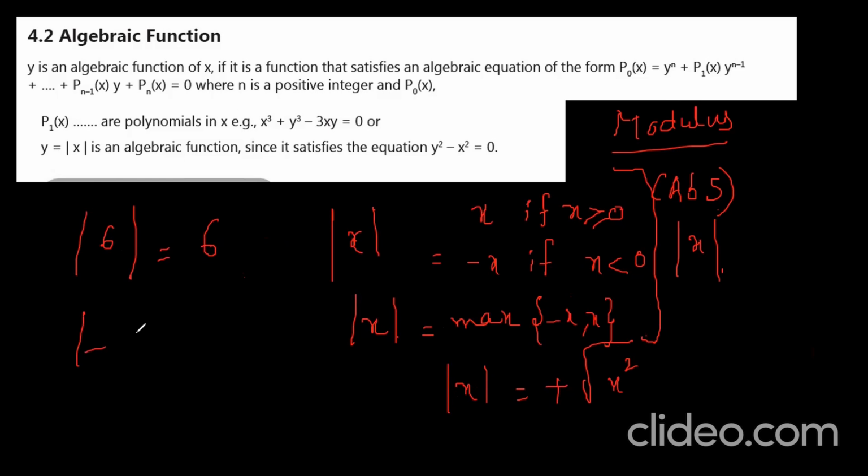Okay. Suppose I gave minus mod 6. It is also 6. Mod 0, 0. Okay. Like this, we can easily write the values. So, mod x is equal to positive x if x greater than or equal to 0. Mod x is equal to minus x if x is less than 0. Okay, that is very important.